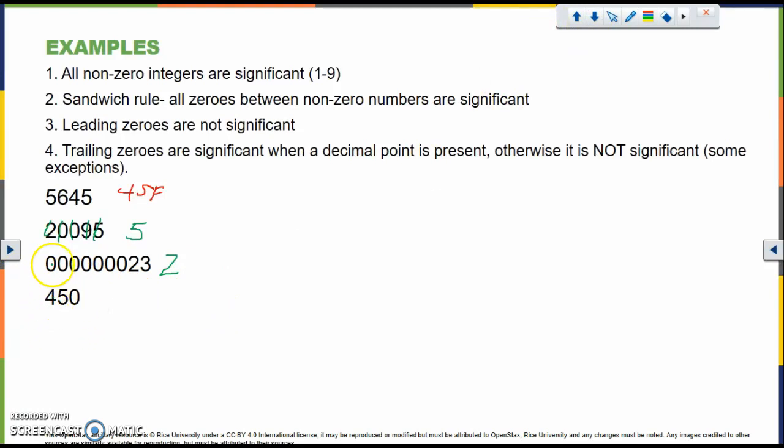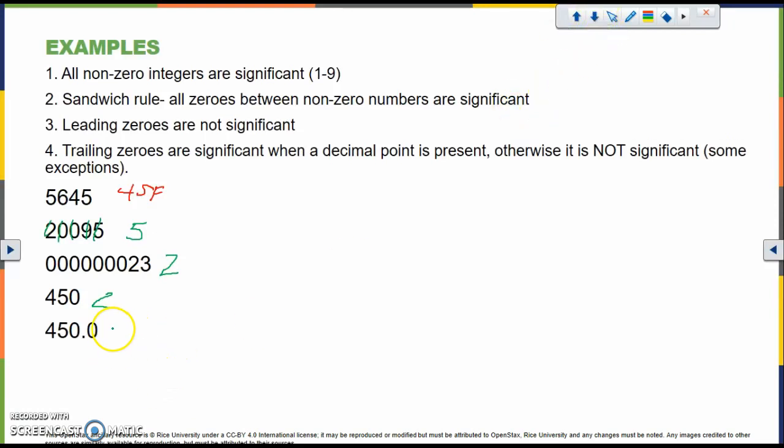450, right? This is where a little bit of ambiguity comes into play. For our purposes, we are always going to consider trailing zeros significant or not significant dependent upon the presence of a decimal point. Since there is no decimal point, this zero is not significant, so this only has 2 significant numbers.